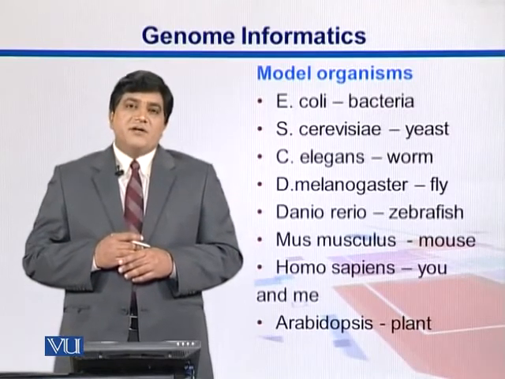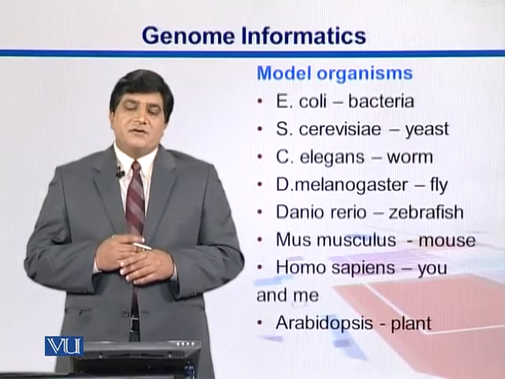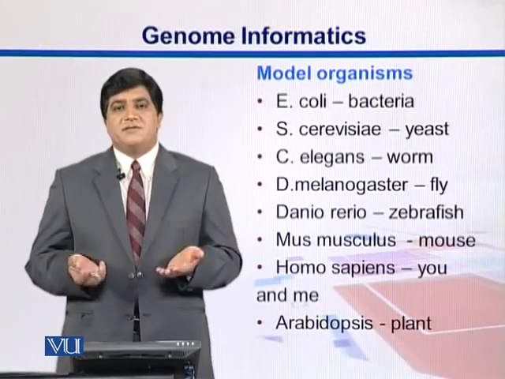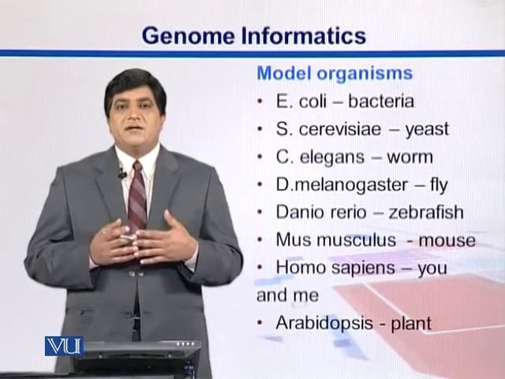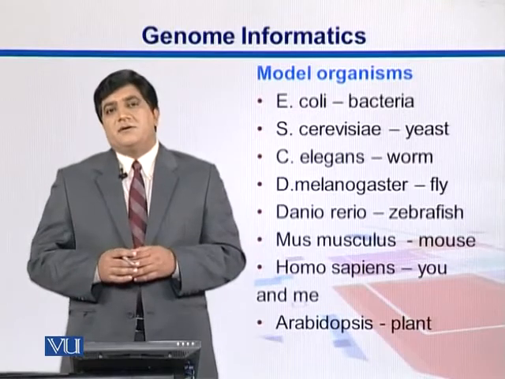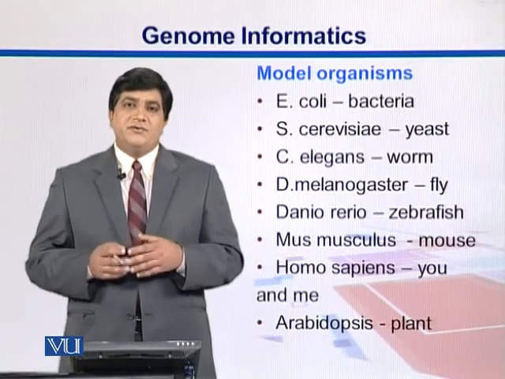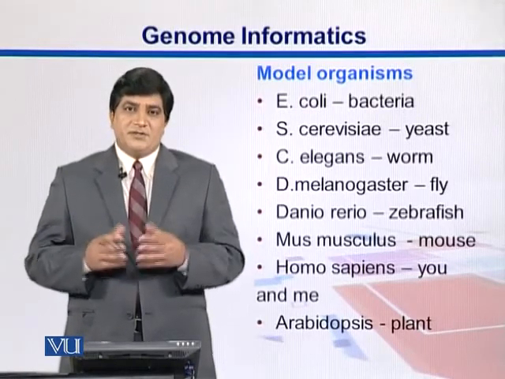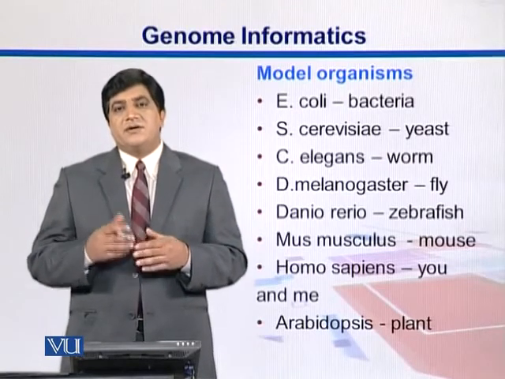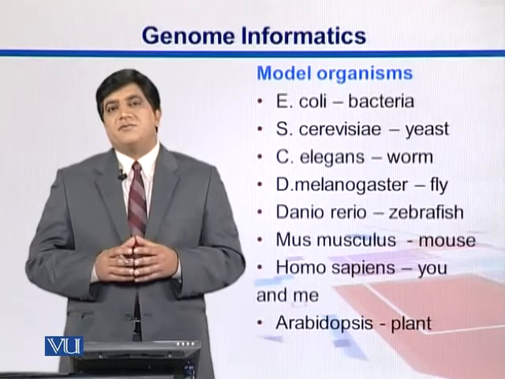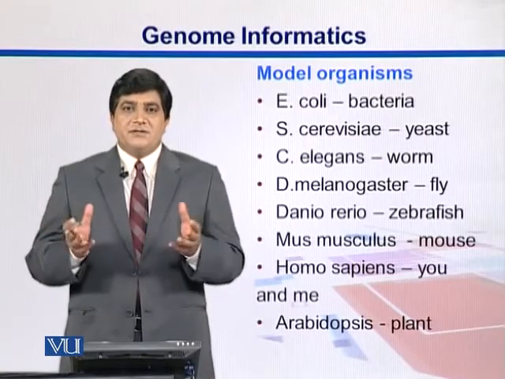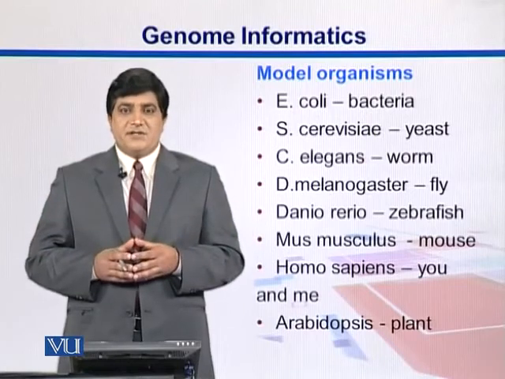Most of the time, while we are doing those genome sequencing projects, our objective is obviously our health. We are looking for corrections of some diseases. We are improving some crop varieties for having more food. We are maybe looking into different drugs against different organisms. So it's a good idea to have model organisms that can help us study these processes in labs.